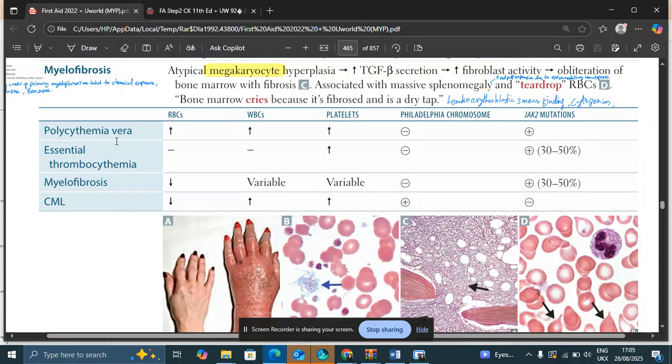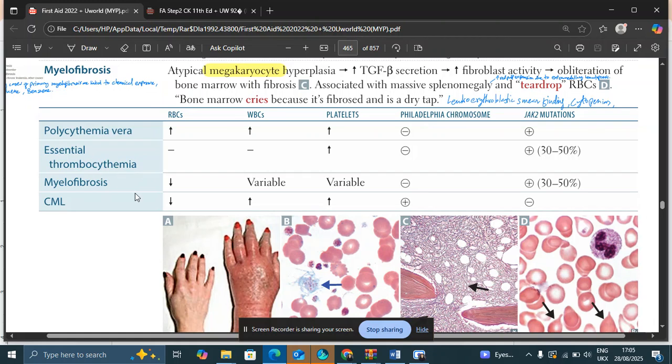So in polycythemia vera, RBCs increase, and WBCs and platelets can also be increased. Philadelphia chromosome is negative, JAK2 mutations are positive. Essential thrombocythemia: no changes in the RBCs, no changes in the WBCs, but platelets increase. From the name, it is very clear that something is going on with our platelets: excessive production of platelets. Philadelphia chromosome negative, JAK2 mutation positive in 30 to 50% of the patients.